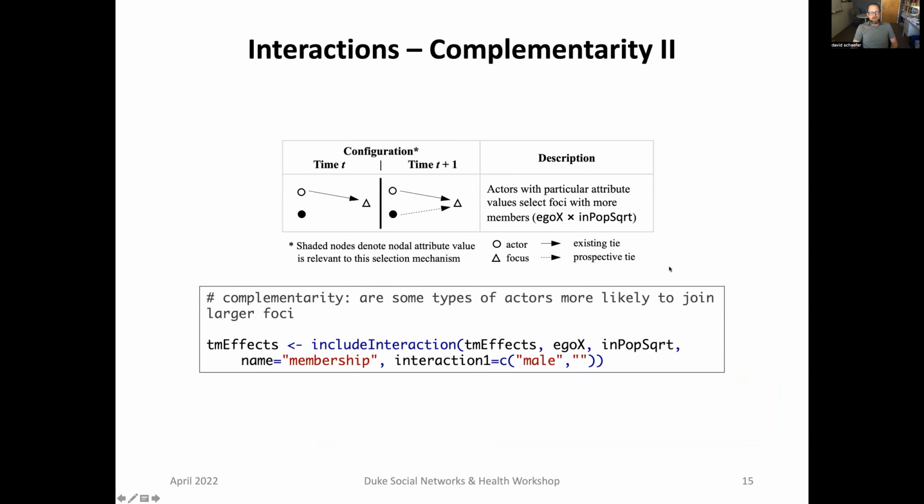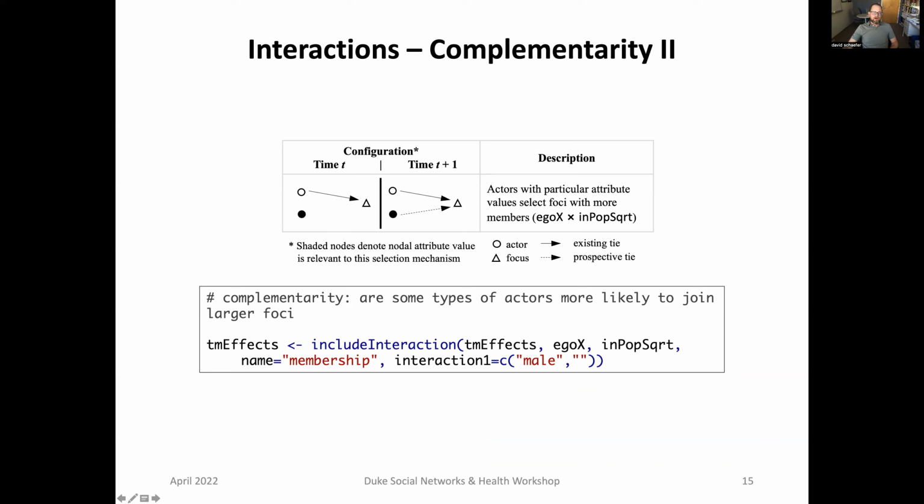Okay. A second form of complementarity, we could look at other interactions between ego attributes and alter attributes. Here we're looking at ego's attribute, in this case ego's gender, and alter's position, the foci's position within the network.